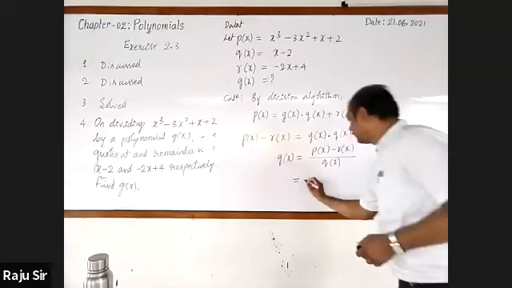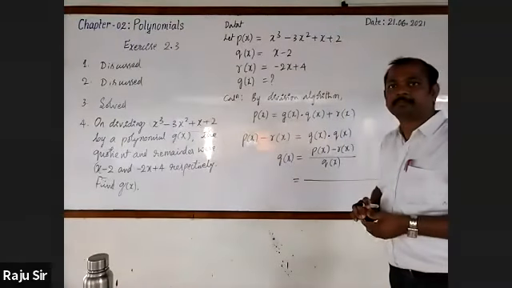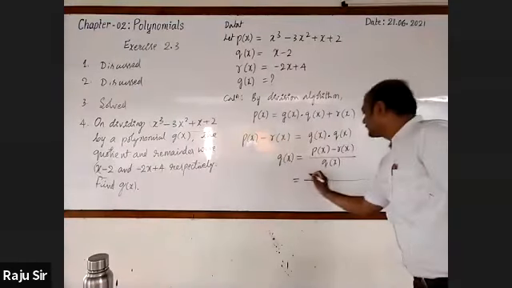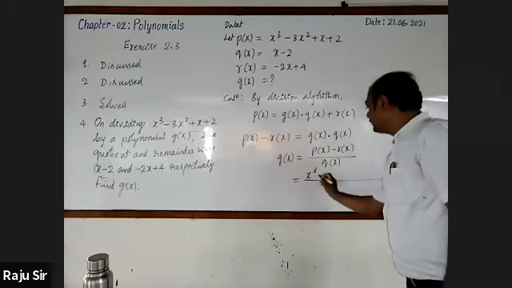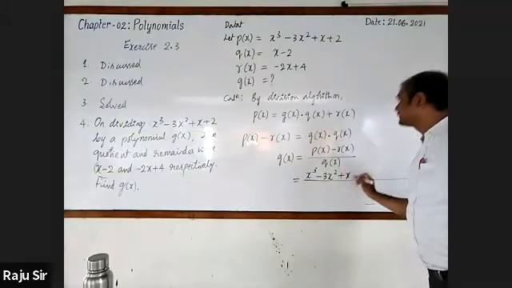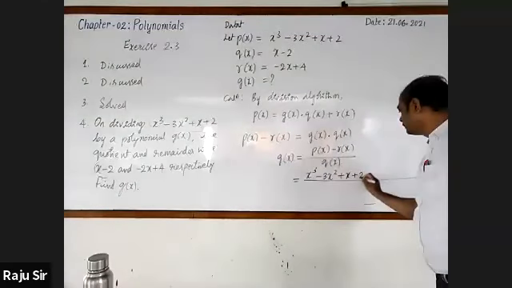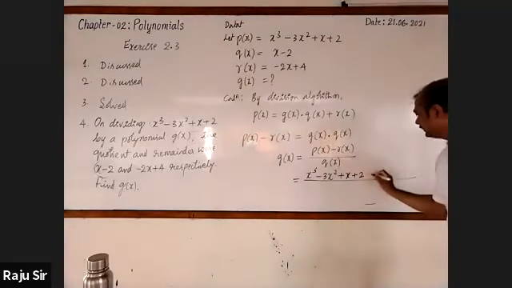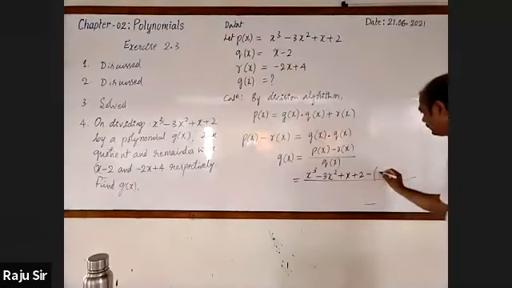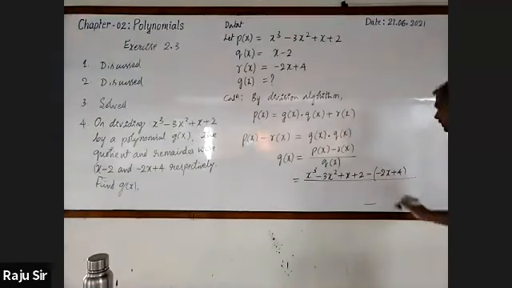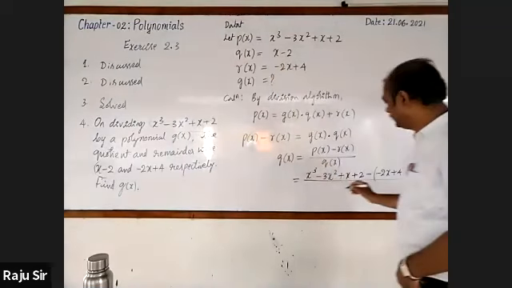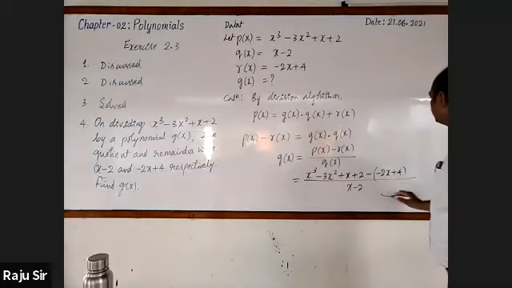Now this is equal to, hope that you are all writing with me. I'll write p of x, where p of x is x cube minus 3x square plus x plus 2. Then minus r of x, the remainder, which is minus 2x plus 4, whole divided by q of x. That has also been given, x minus 2.